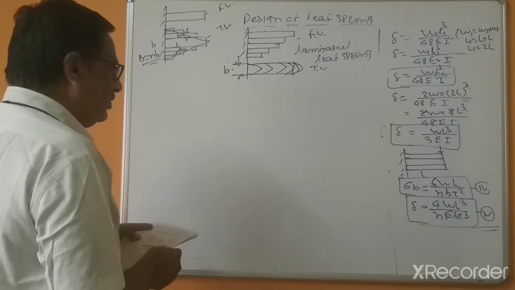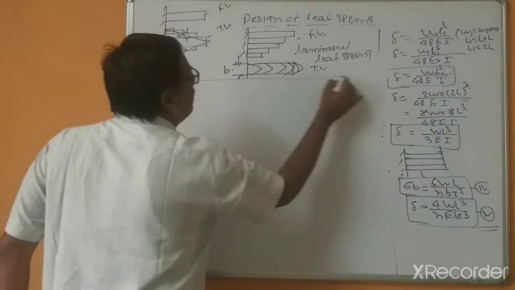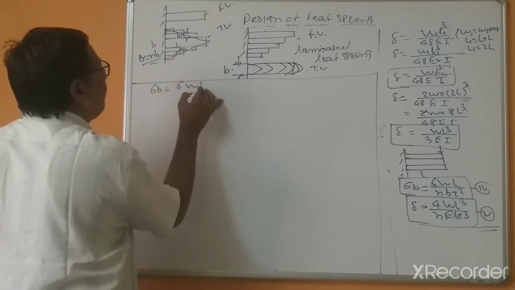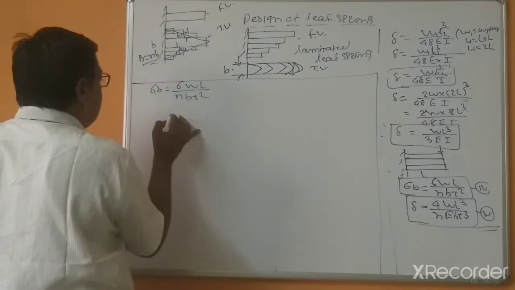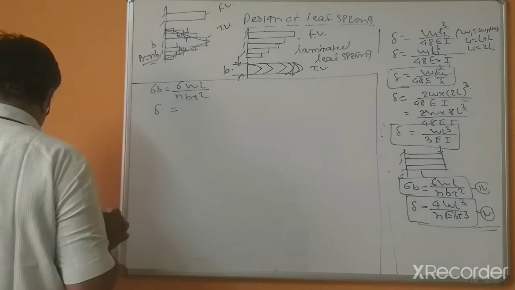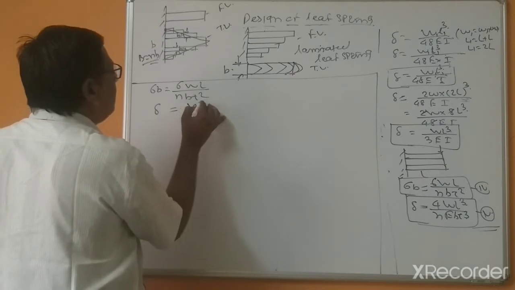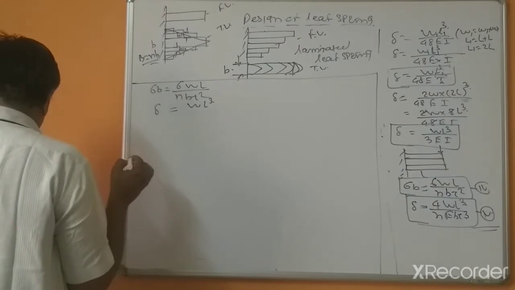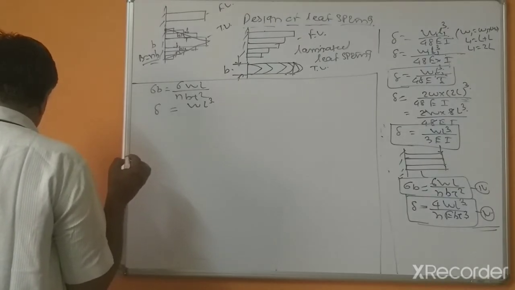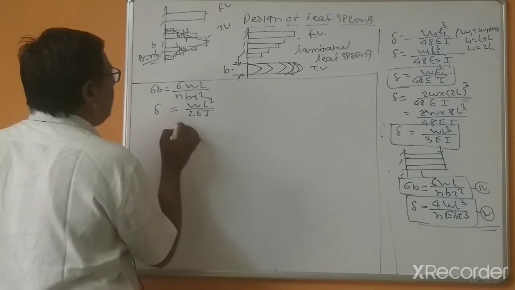Now by taking the equations, sigma B, bending stress, equal to 6WL divided by NBT squared, and deflection equal to, now for such type of arrangement, the equation becomes WL cube divided by 2 EI.